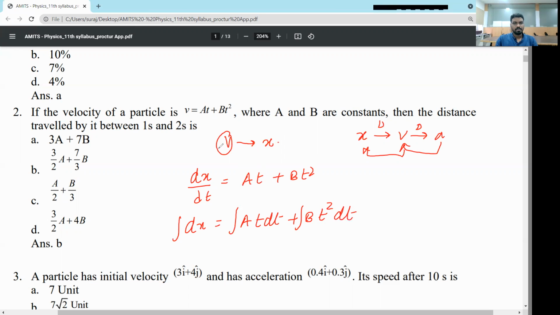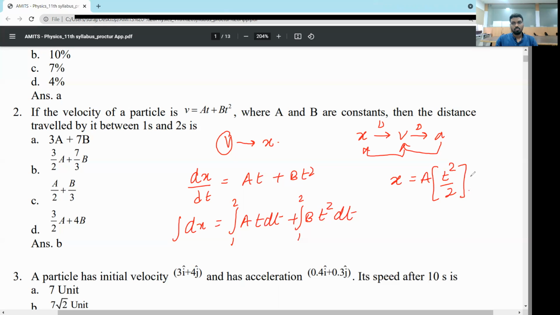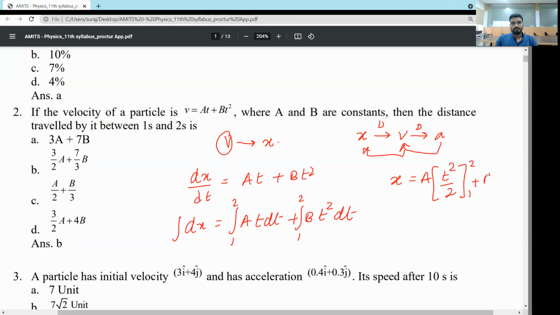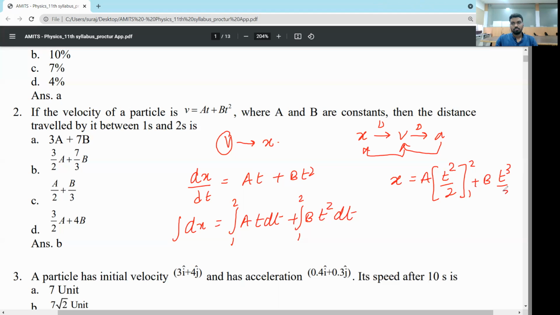From where to where? 1 to 2 seconds. This is x: a t square by 2 from 1 to 2, plus b t cube by 3, again from 1 to 2.